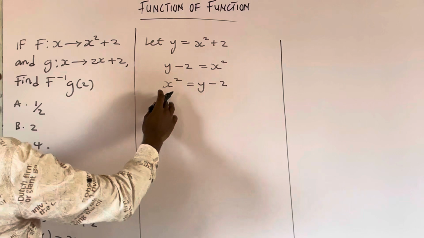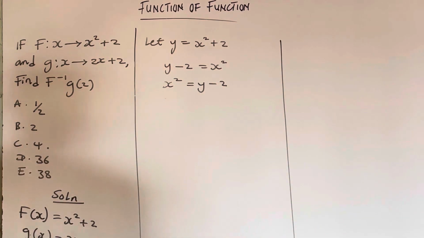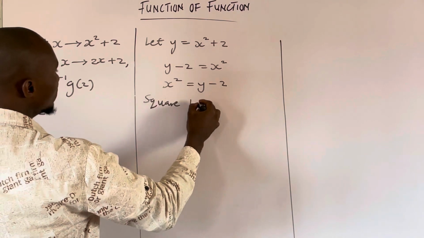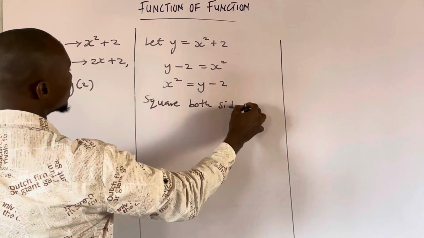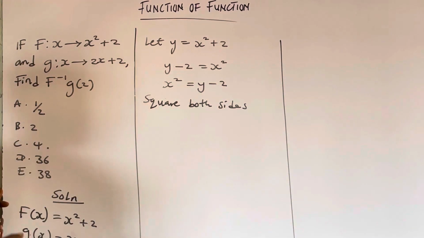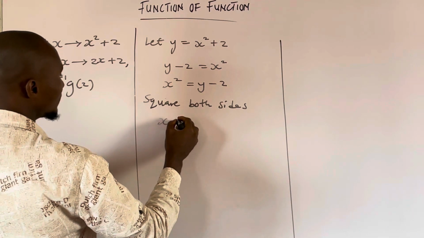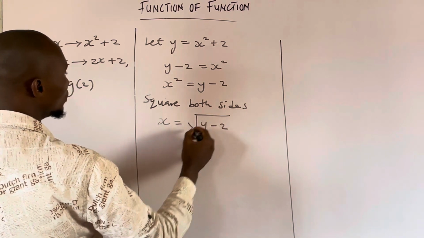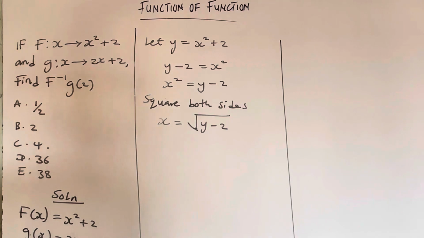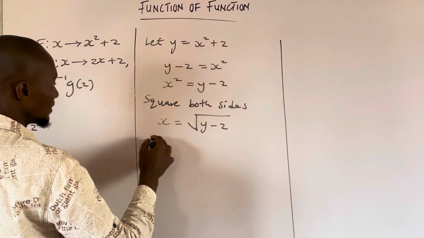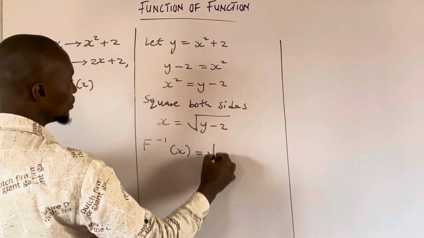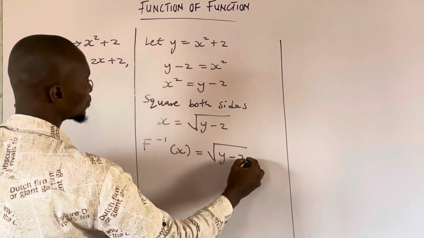When you square root both sides to make x subject of the formula, we're going to have x is equal to root y minus 2. When you have that, we can boldly say that f inverse of x is equal to root x minus 2.